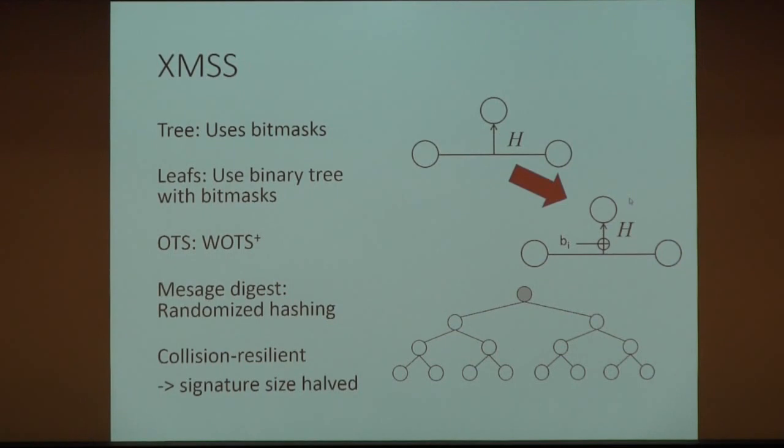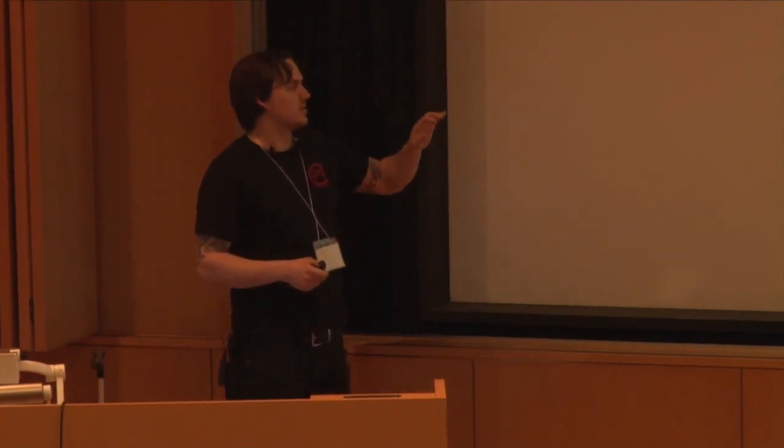As one-time signature scheme, we use WOTS plus, so the one that I just described. For the message compression, we use so-called randomized hashing, which uses an additional nonce for the message hash and thereby gets rid of the collision resistance requirement.